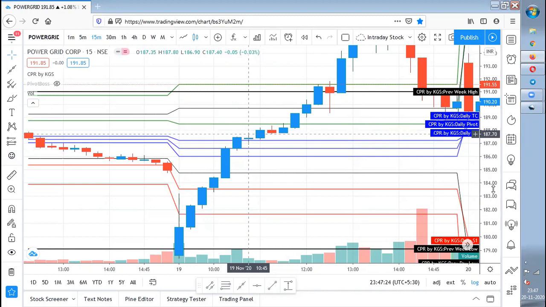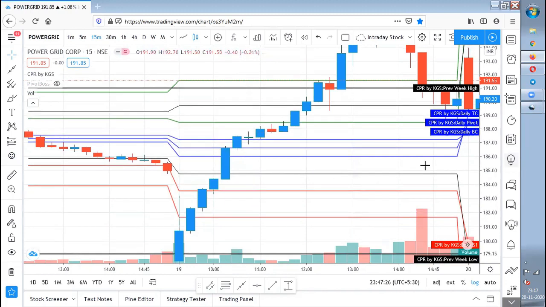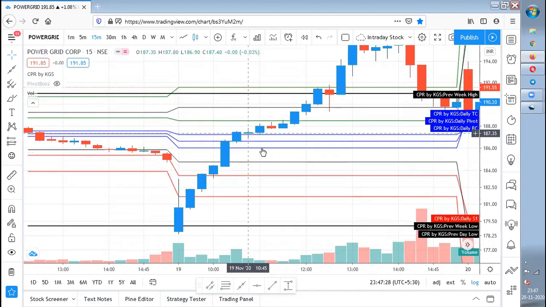You should only short if you get a follow-up candle, and also a close below this CPR zone. Unless and until a close below the CPR happens, it is better to avoid the trade. Why? Because this zone can act as support or resistance, and it can also make the candle remain range bound the entire day.